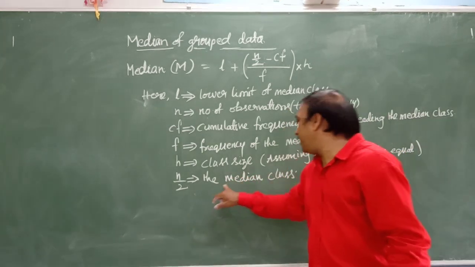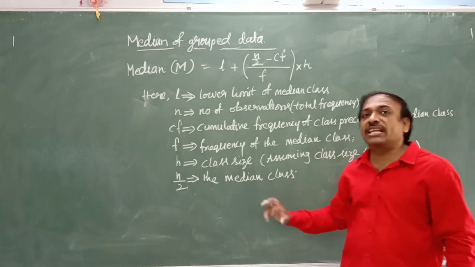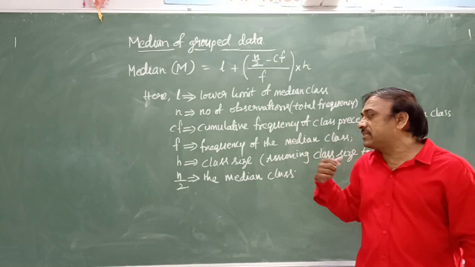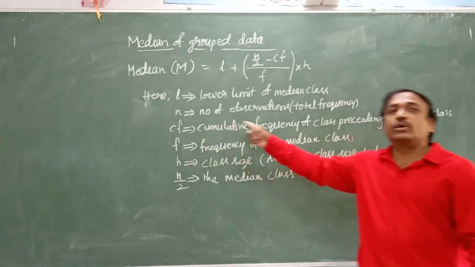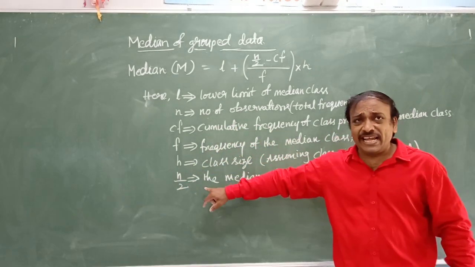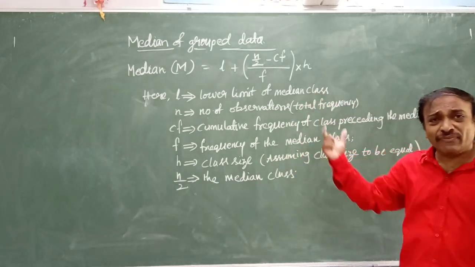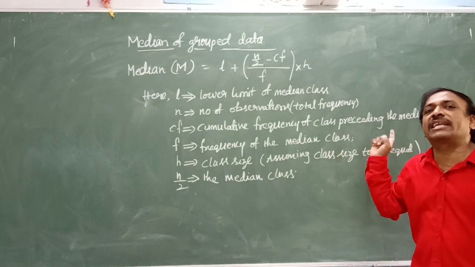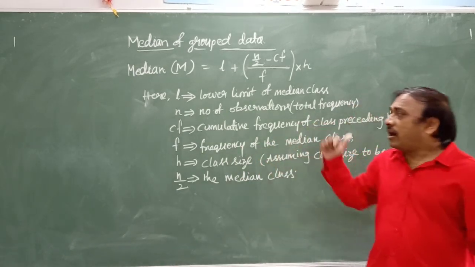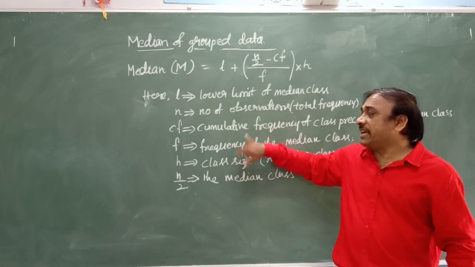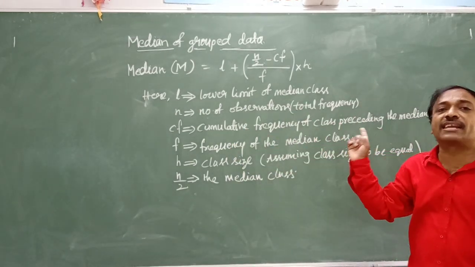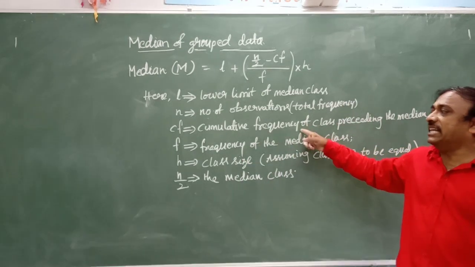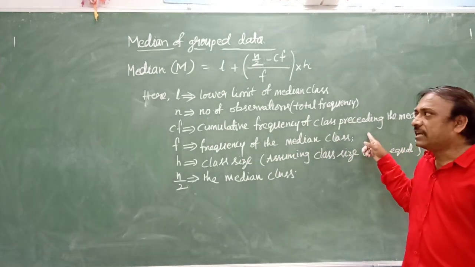So first we will calculate the median class using n by 2. What is n? The total frequency. After getting the n by 2 value, we check among the cumulative frequencies and identify the median class interval. Then we underline the median class interval; that frequency is f, and the preceding one in cumulative frequencies is Cf.